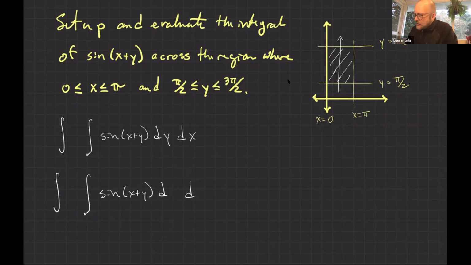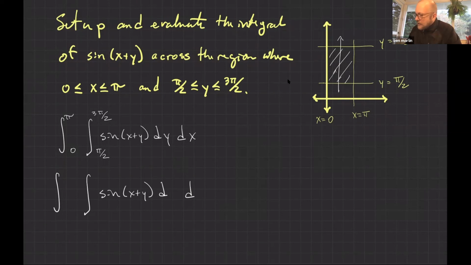As we enter the region, y is pi over 2. As we exit, it's 3 pi over 2. If that was not a rectangle, then those would be functions of x, not just numbers, okay? Then we say, what is x allowed to go between? It goes between 0 and pi. So there we have that.